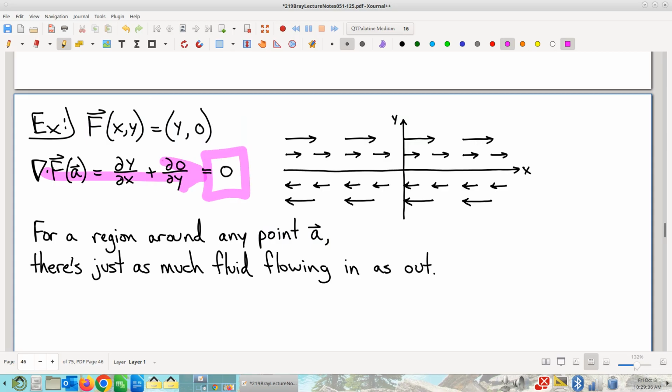Now, what takeaway do we have from divergence being 0? Does that seem plausible? If you're looking at a general vicinity, like let's say there, there is an outward flow of fluid on the right side of that region, but there's also an inward flow of fluid on the left side of the region.